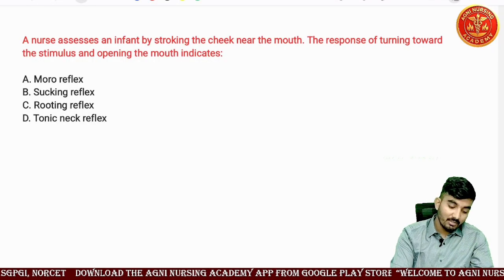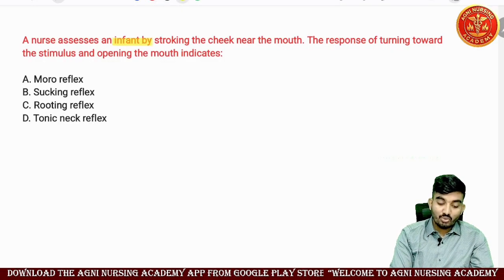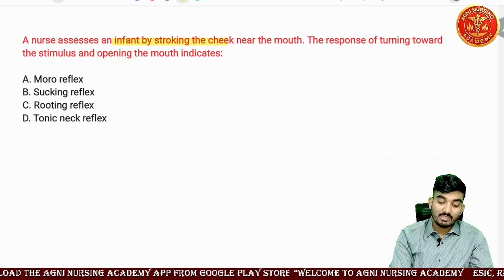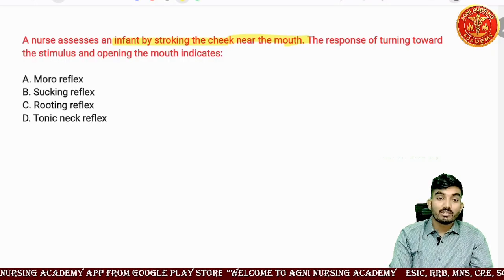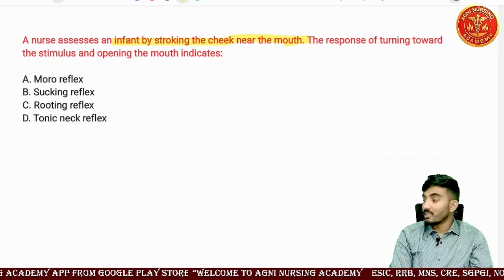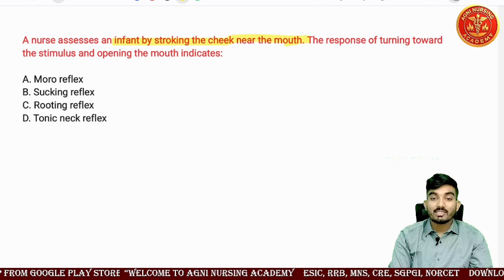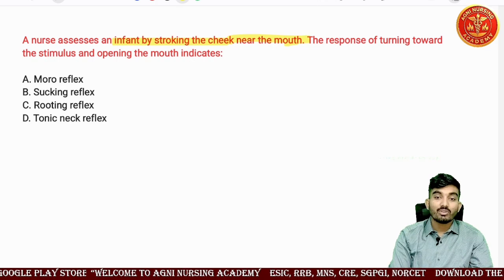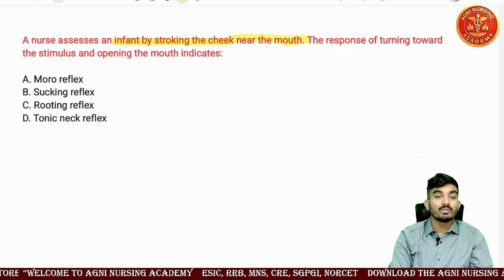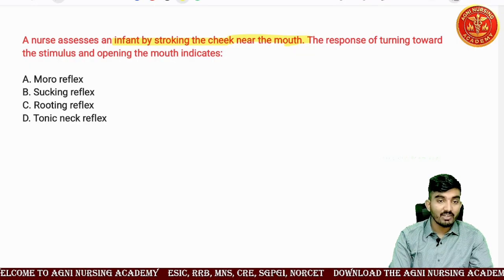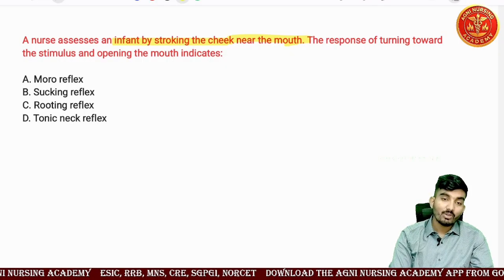The question asks: the child turns towards the side from which the stimulus is given. Which reflex does this represent? Option A is Moro reflex, option B is sucking reflex, option C is rooting reflex, and option D is tonic neck reflex.